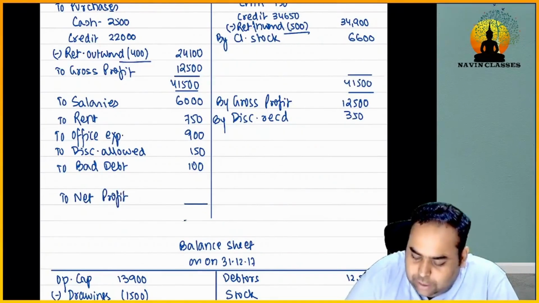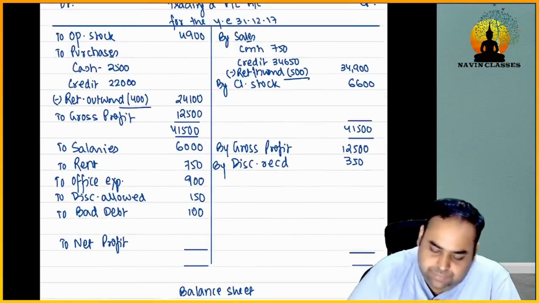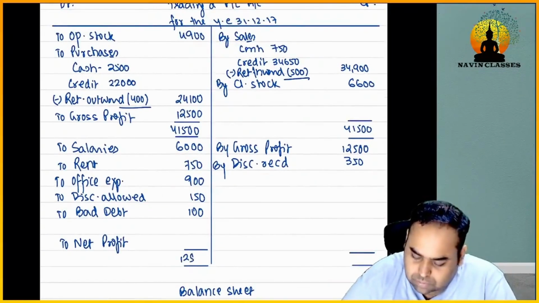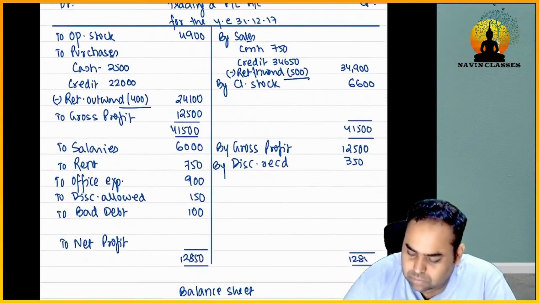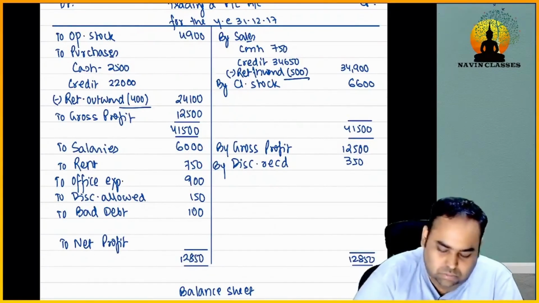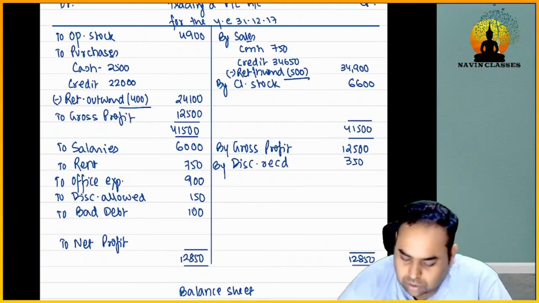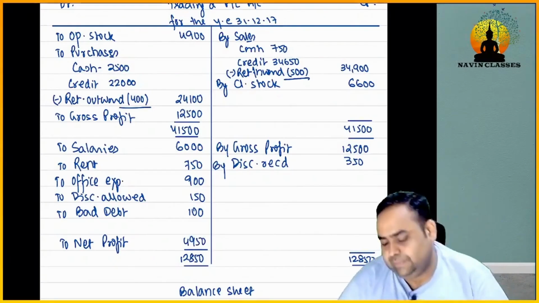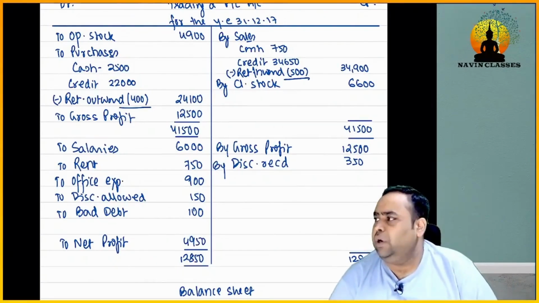Students, you have to calculate the net profit next. Net profit is 4,950.